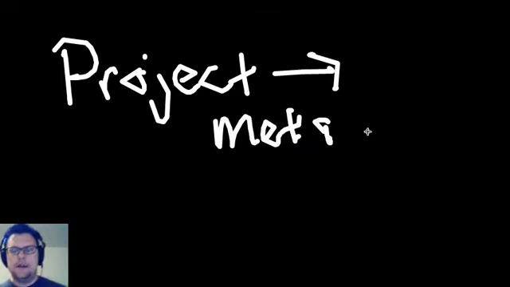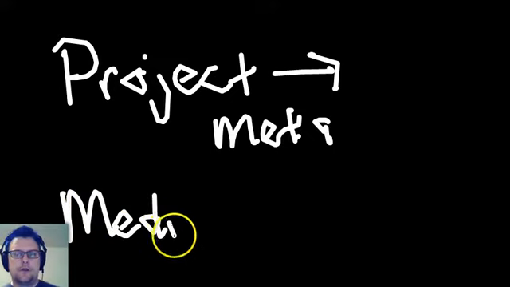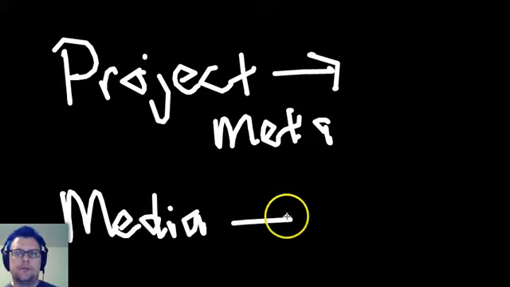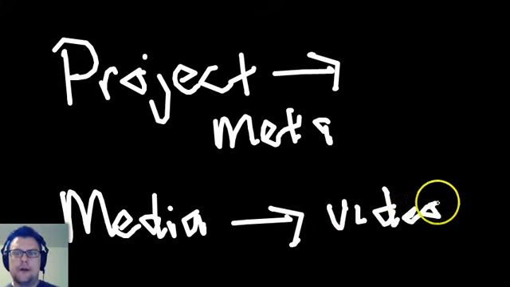So any sequences that you put together, any mixes that you make, all the project information is just about how it's arranged. And then you've got your media files, which live somewhere else, and those are your actual video clips. So why do we do this?